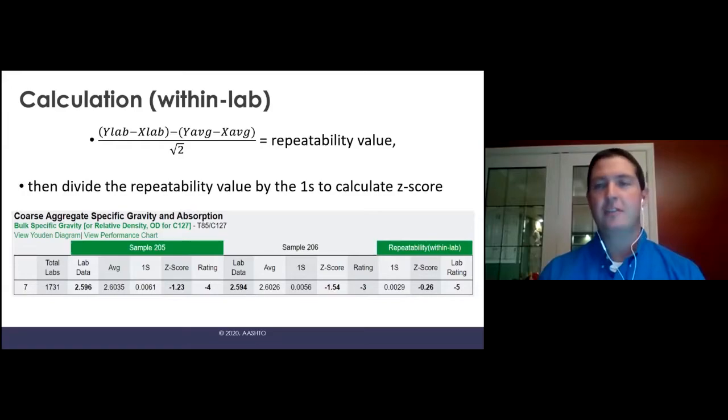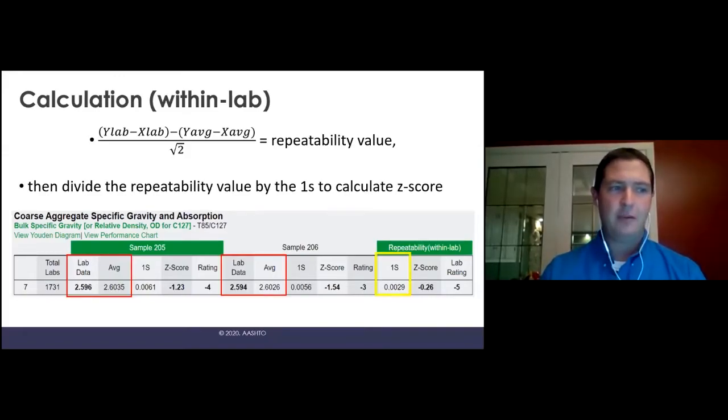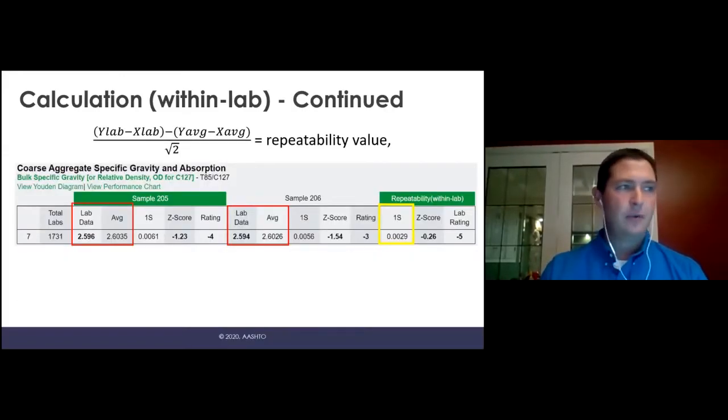Then you would simply see a pure repeatability between your data. However, with the samples being slightly different, which is the intention of the program, we do account for that by calculating the difference between the two averages. So like I said, we simply take that value and we go through. Here's the data that we use, and we calculate it.